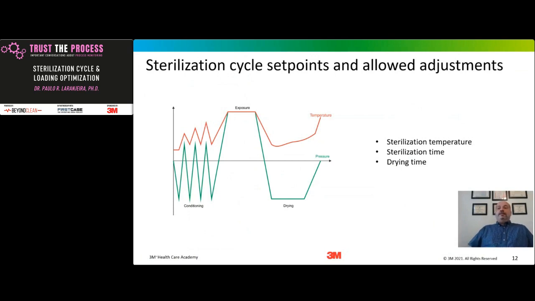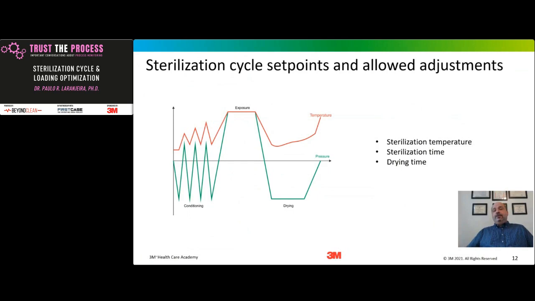And that's where we need to work to maintain the 50 minutes, delivering sterilized loads and dry, without extending too much of the time, right? So when we add mass into the chamber, the conditioning phase is going to be longer.